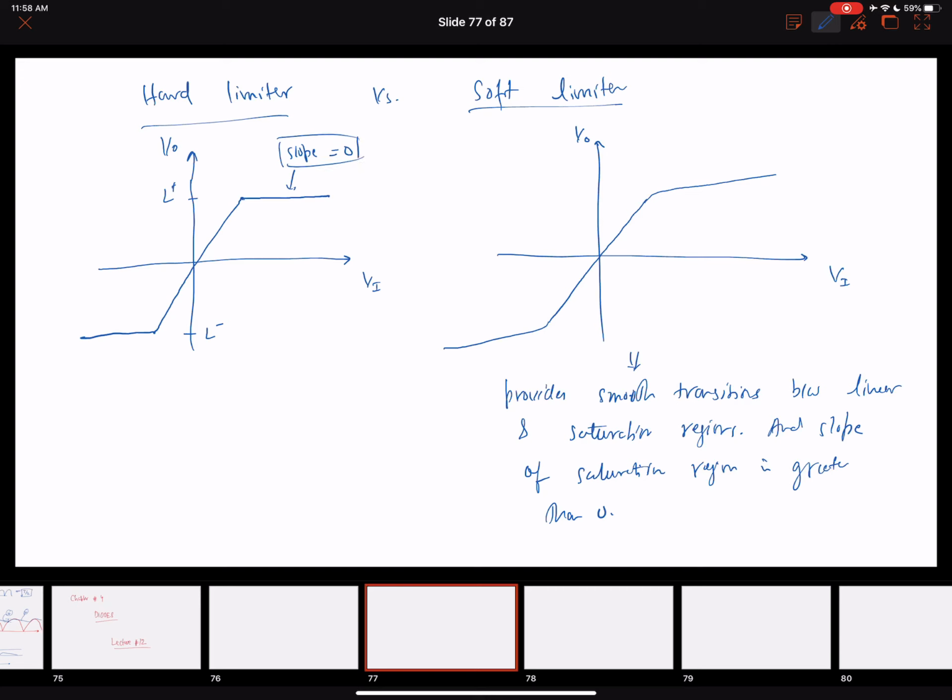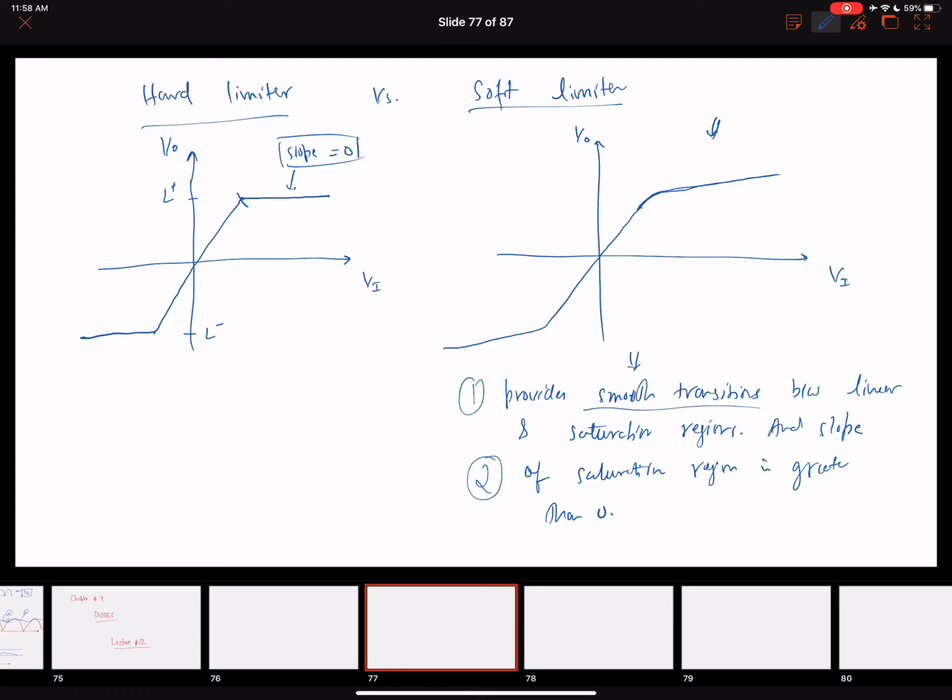However, for the soft limiters, we can see there's a smooth transition rather than this kind of abrupt transition. Second, the slope is greater than 0. So it provides a smooth transition between the linear and saturation regions, and the slope of the saturation region is slightly greater than 0.